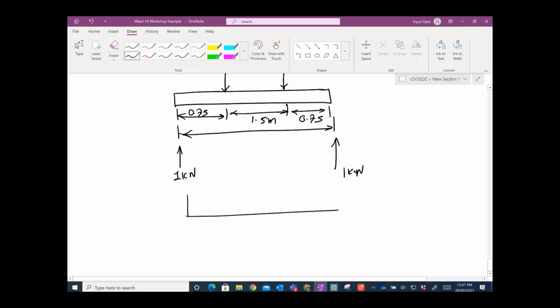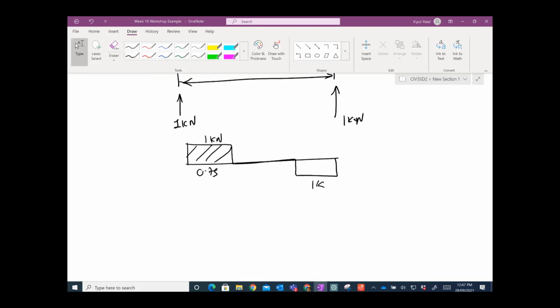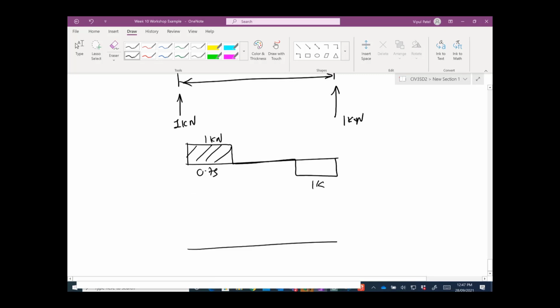You will have a shear force diagram that is 0, then 1 kilonewton and 1 kilonewton, over 0.75. If I want to calculate the bending moments, the bending moment diagram would look like this, and the bending moment would be the area of the shear force, which is 1 times 0.75, so 0.75 kilonewton meters.